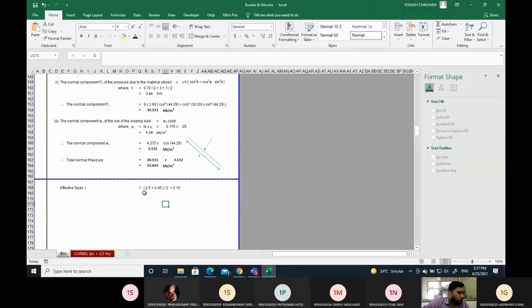So 2.5 plus 0.45 by 2 plus 0.15, okay, so that will give you this span.